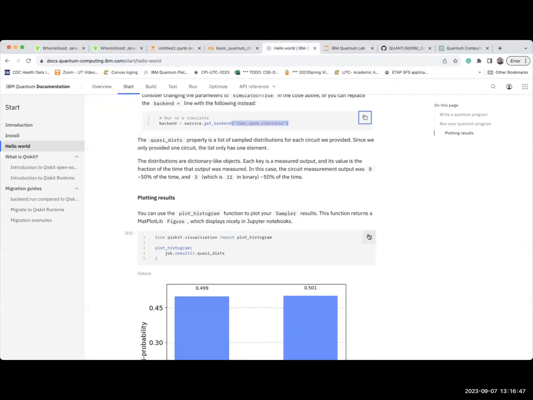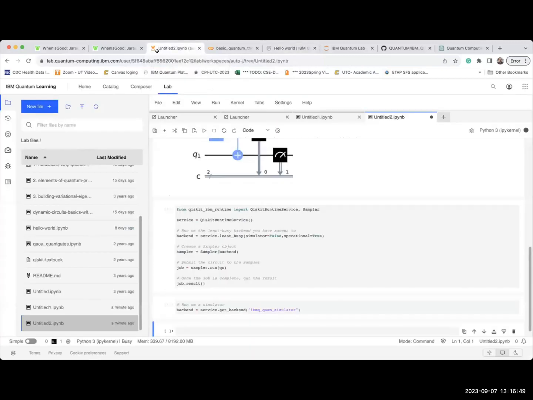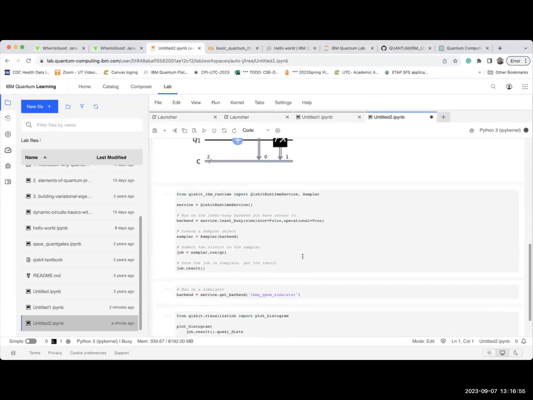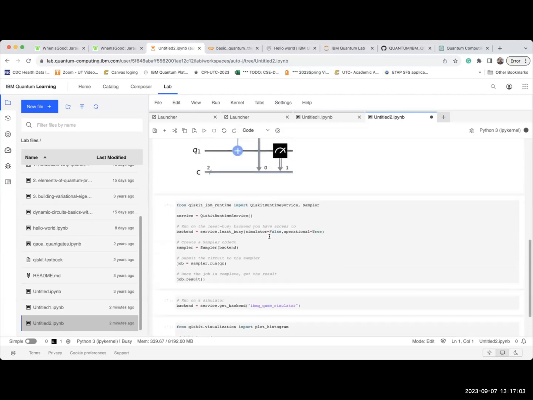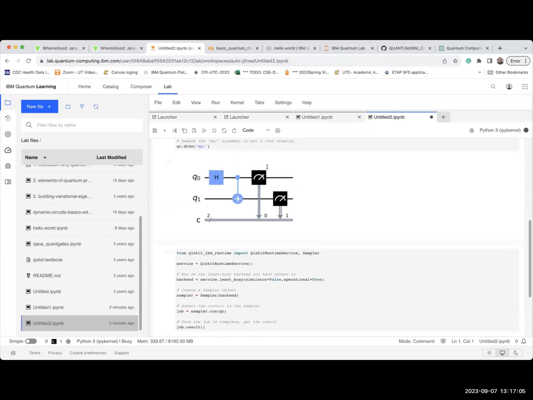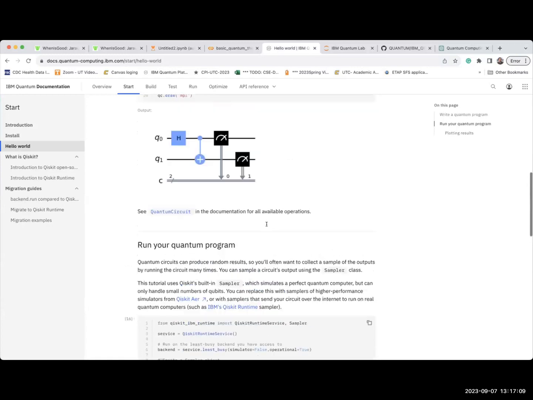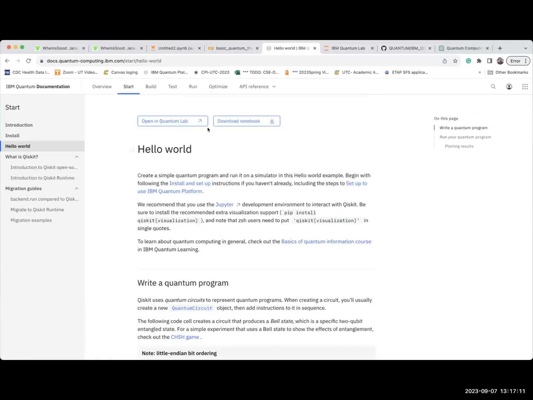I'm not sure why they don't give everything in one cell. It is waiting now. Can you just copy the entire cell from the new notebook? Wait, there's the entire cell, and where is the new notebook? When you downloaded the entire Qiskit notebook. I see.